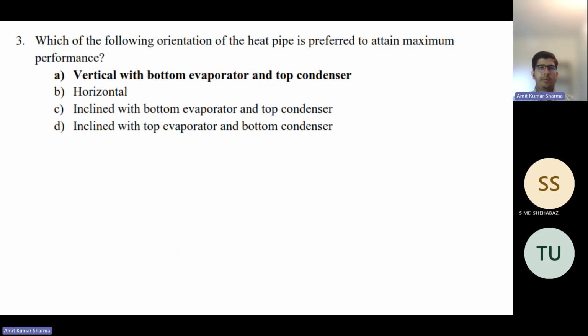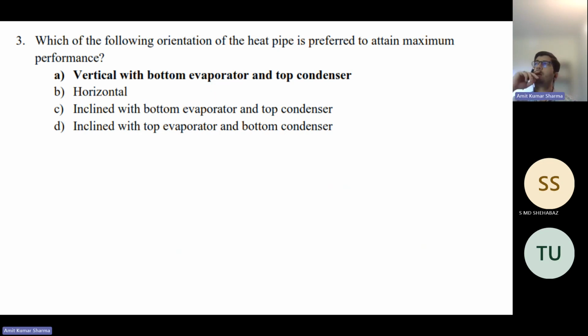Question number 3 is, which of the following orientations of the heat pipe is preferred to attain maximum performance? Option A is vertical with bottom evaporator and top condenser, horizontal, inclined with bottom evaporator and top condenser, inclined with top evaporator and bottom condenser. It's a very good question, and I think in one of the classes there is a complete calculation for this.